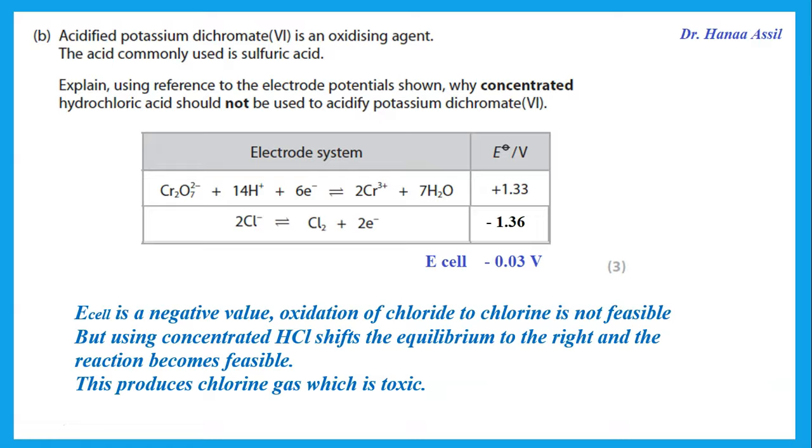So if it is very near to 0, remember, using concentrated solutions would force the reactions to go more forward, so it would increase the E cell, so it will go above 0 and become feasible. In addition, when that happens, we're forming chlorine gas, and chlorine gas is toxic.